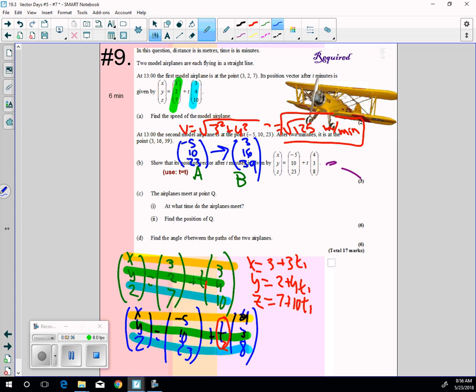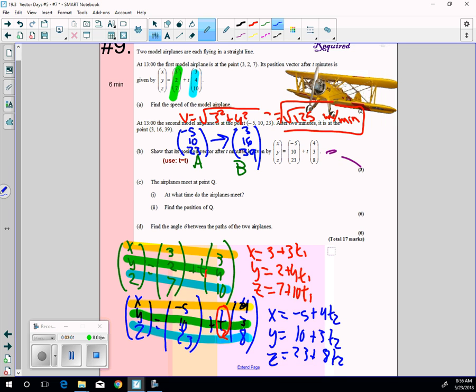So then you've got x is equal to negative 5 plus 4 T2. And then y is equal to 10 plus 3 T2. And z is equal to 23 plus 8 T2.